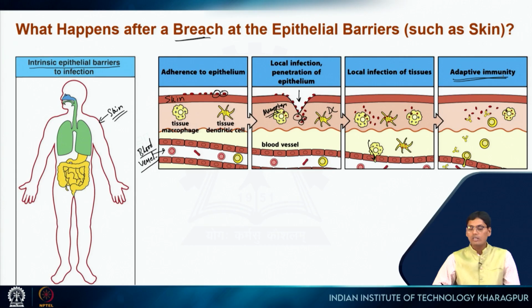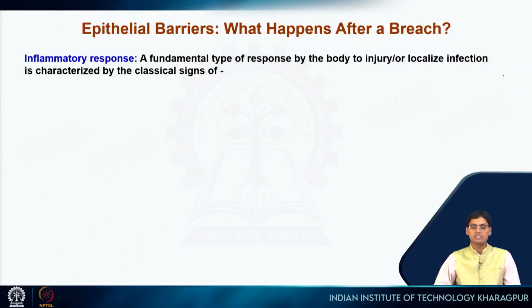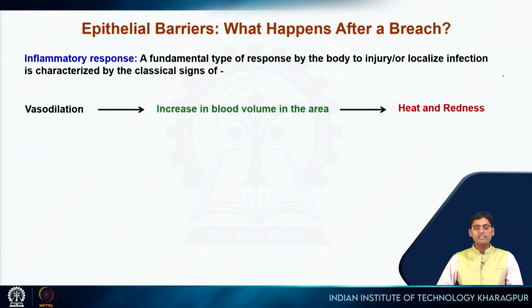But now, what are the symptoms of this local infection and epithelial breach? I will summarize that in this slide. A fundamental type of response by the body to injury or local infection is characterized by some classical signs. If a small cut happens in our skin, you will see that the portion is a little bit red, or a little bit warm, a little bit hot, some redness.